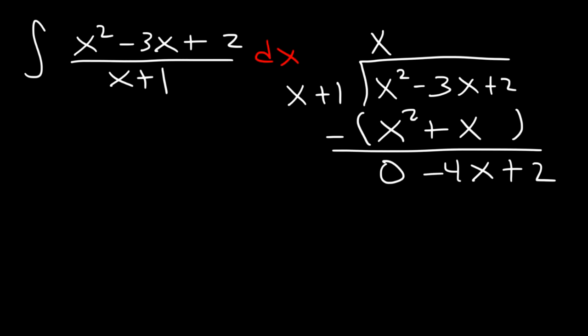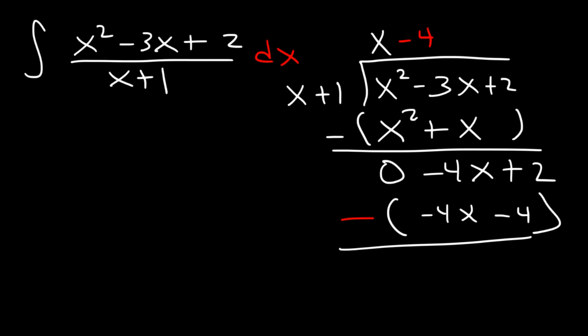And now let's divide. So negative 4x divided by x is negative 4, and then multiply. Negative 4 times x is negative 4x. Negative 4 times 1 is negative 4.